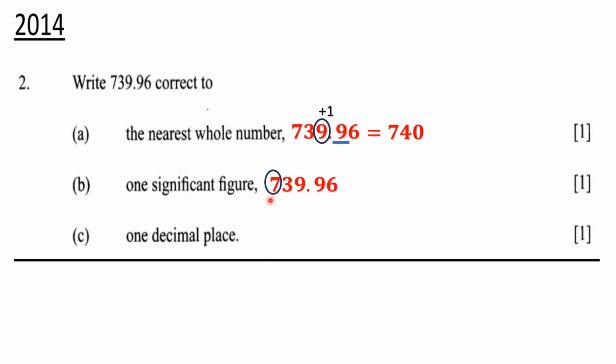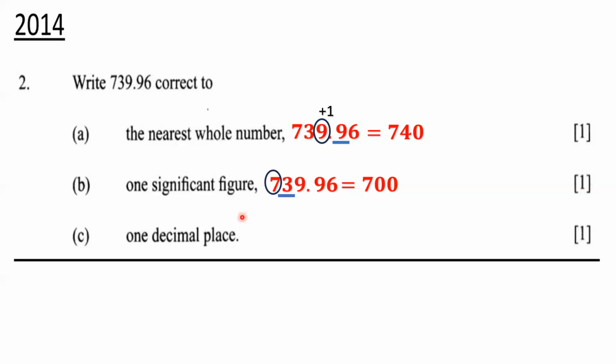So we circle 7, and then we underline 3 because 3 is to the right of 7. Is 3 less than 5 or greater than 5? Well, 3 is definitely less than 5, and so that means we do not round up. So it remains as 7, but the rest of the numbers, the 3 and the 9s, turn to 0, and we drop the decimal part. So it's going to be 700.